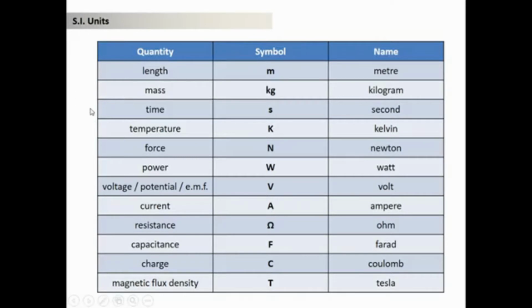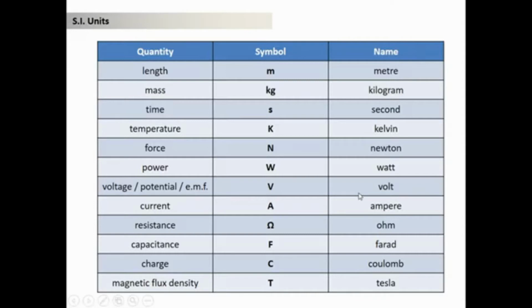So time is seconds, and s is the symbol for it. Temperature, Kelvin, K. Force, Newton, N. Power, watts or watt, and W. Voltage or potential difference, or EMF, electromotive force. They're all the same thing, but just different terms used for it.